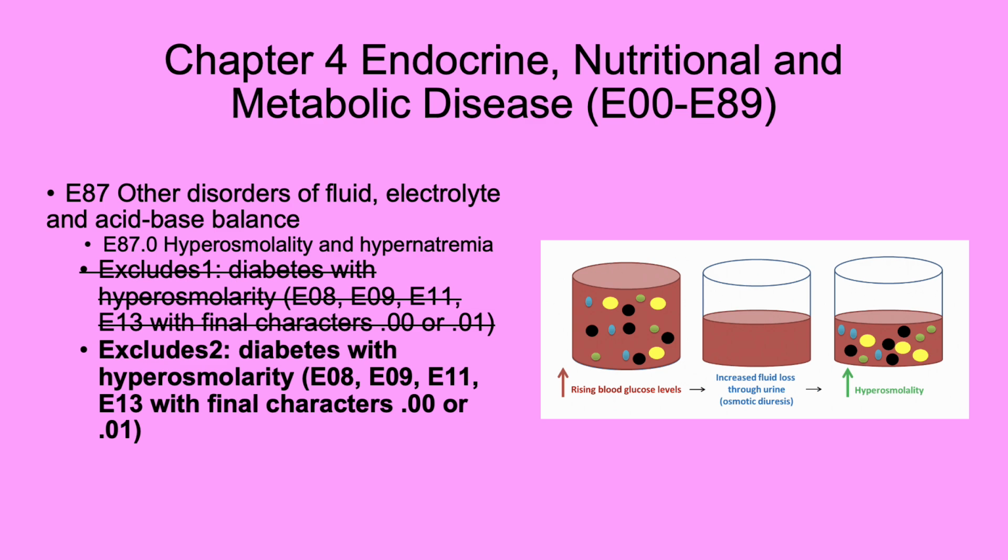So pay attention to these, because it makes a big difference in your coding. So now diabetes with hyperosmolarity can be reported with hyperosmolarity and hypernatremia. So it's now an excludes 2, diabetes with hyperosmolarity can be reported if documented with E87.0. Very important. And there are a couple more of those coming up.